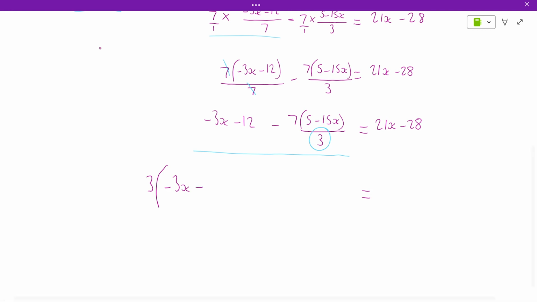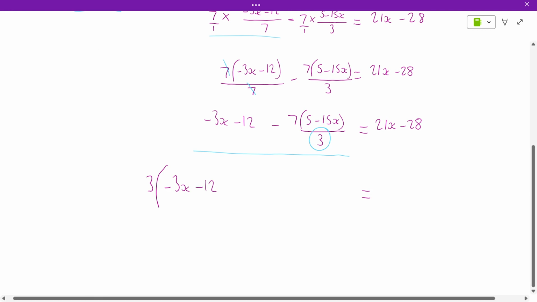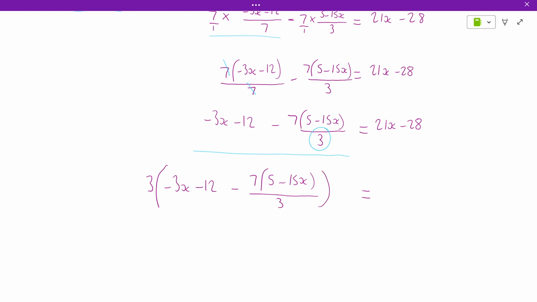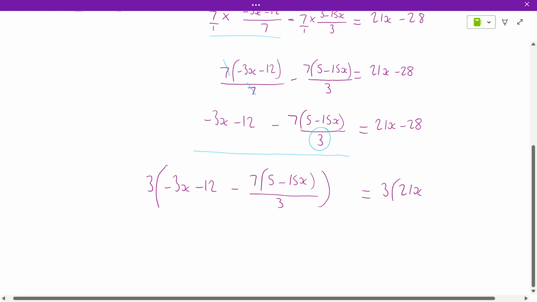So negative 3x minus 12, and then I've got my fraction, so negative 5 minus 15x, all divided by 3, close bracket, and then remember we were multiplying both sides by 3, so this right-hand side I need to multiply by 3 as well. So 3 outside of 21x minus 28.